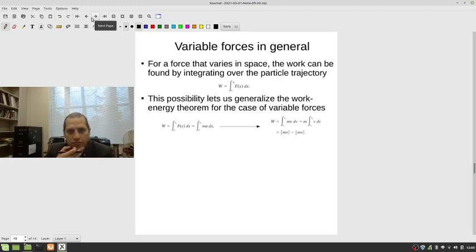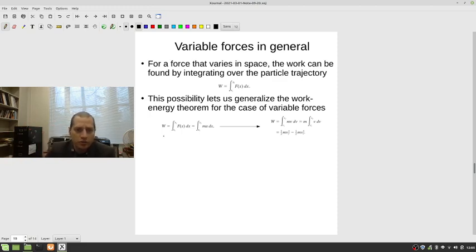Now, it might not be obvious to you that this will still work. Why would you still be able to use your work energy theorem, which you might remember from Friday's video? We did that in a way assuming that the acceleration was constant. So let's not do that now.